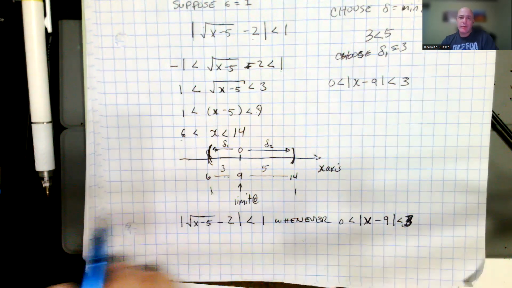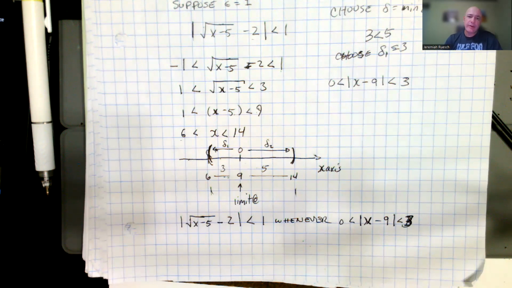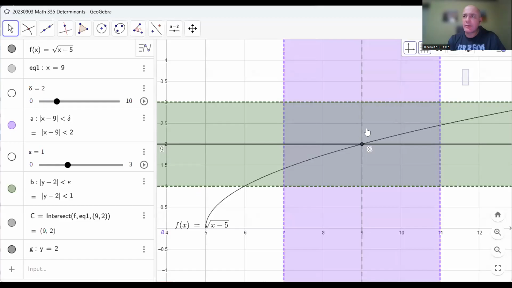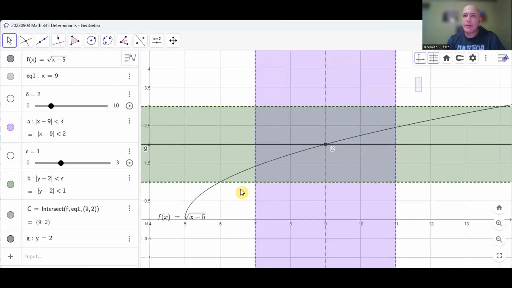So let's switch back real quick to the geometric perspective and see if this intuition settles with our geometric understanding. So look, if we look here, so here is our 9.